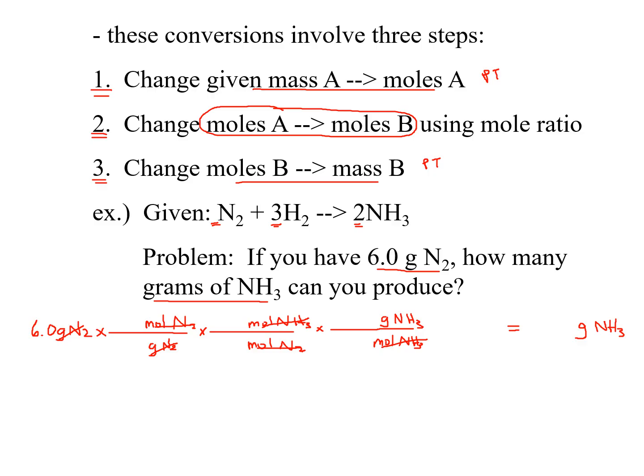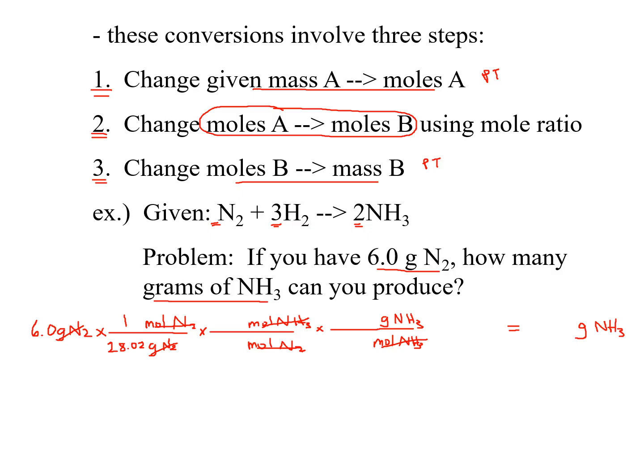So that means N2 doesn't weigh 14, it weighs 28. So this will be like 28.02. I think that's what it turns out to be. Something close to that. And that's in 1 mole of N2.